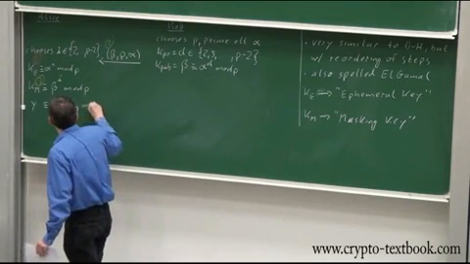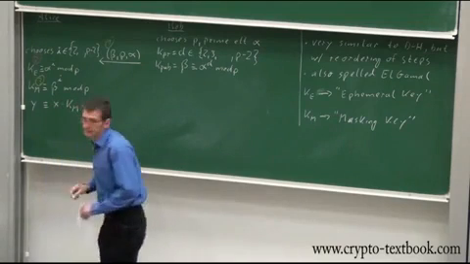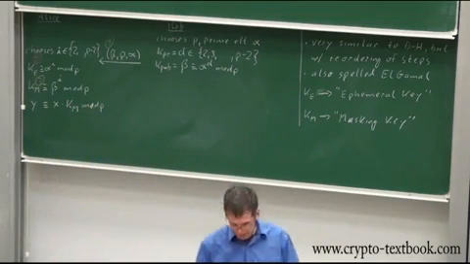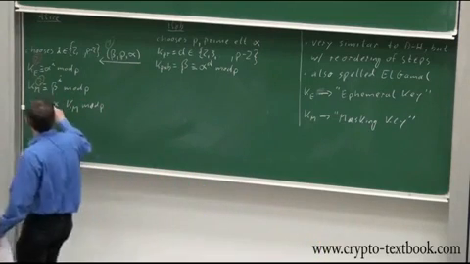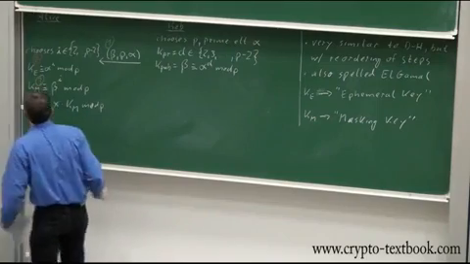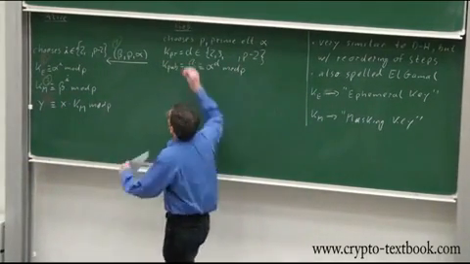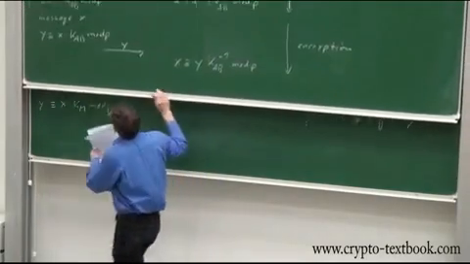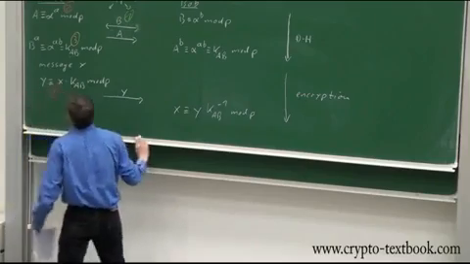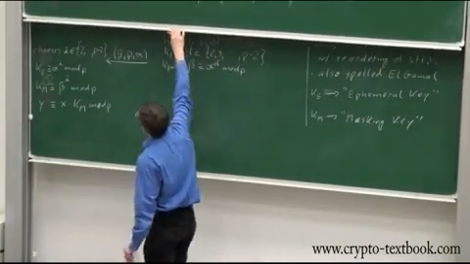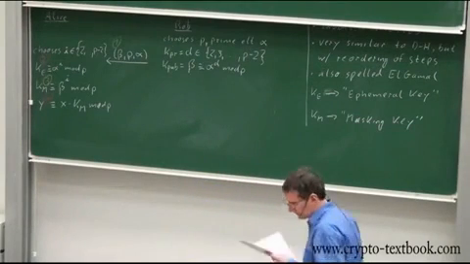So she masks this, color number 4. She masks the plaintext X with the masking key. Okay.